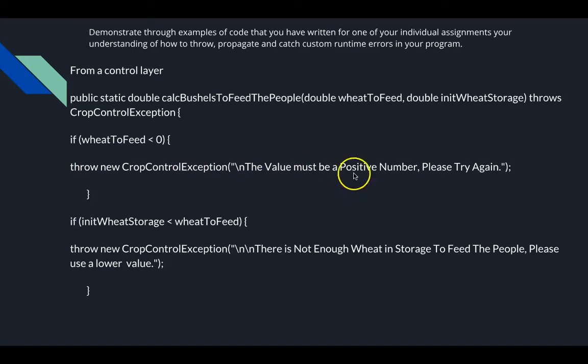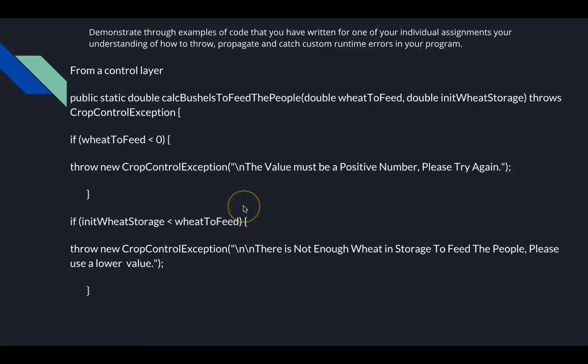So this is going to be the message that comes up when this condition is met in this statement. And then another one. If we can get past these two, we won't have to worry about any messages coming up. But if we do, then we'll have an error.